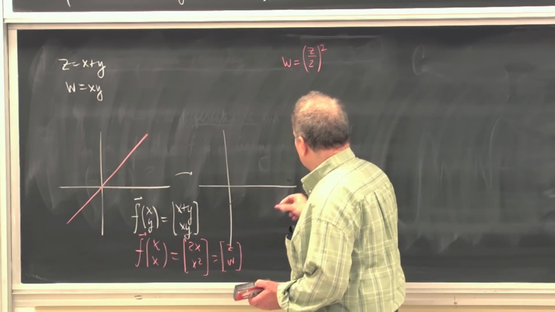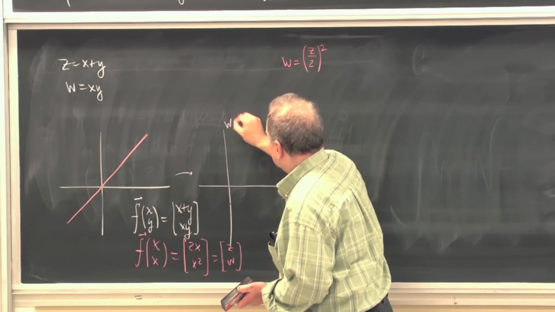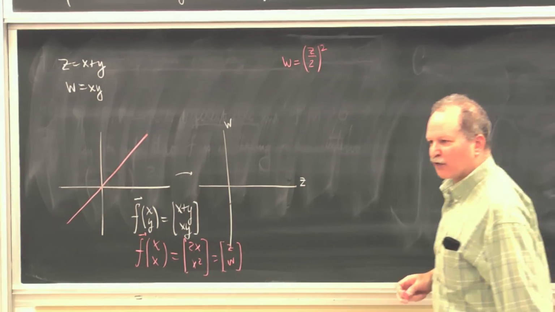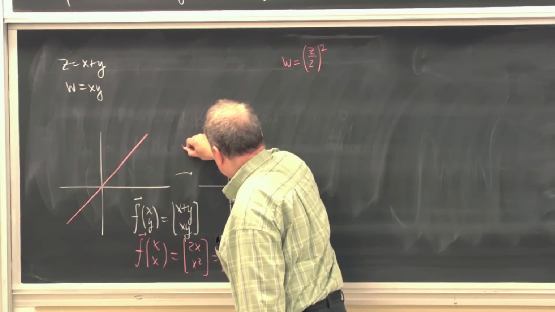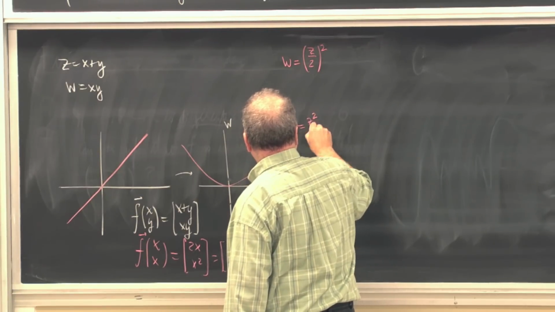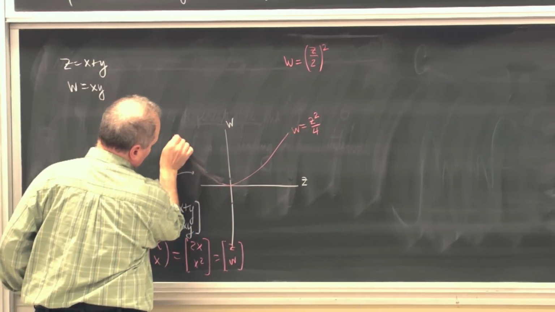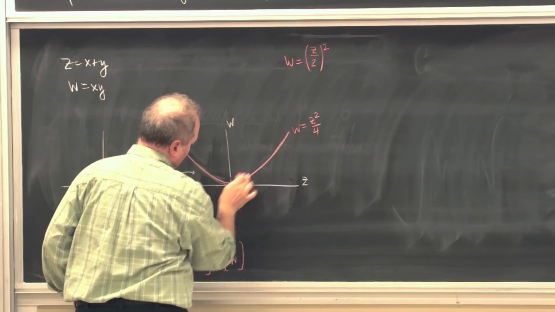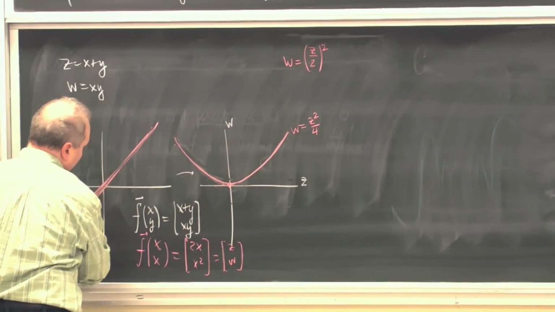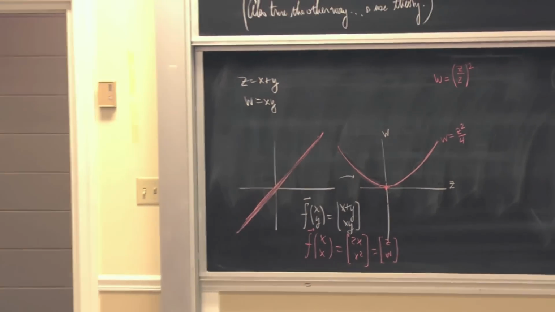So in the zw plane, I've got a parabola that looks like w equals z squared over 4, not very prettily drawn. You're saying that this line y equals x back here maps to that parabola. This is restricted to the positives.